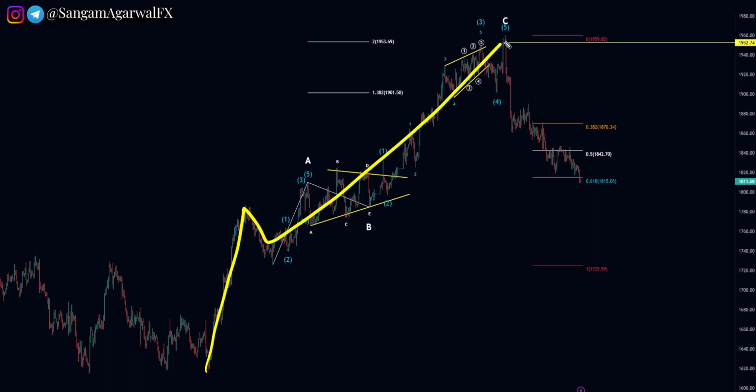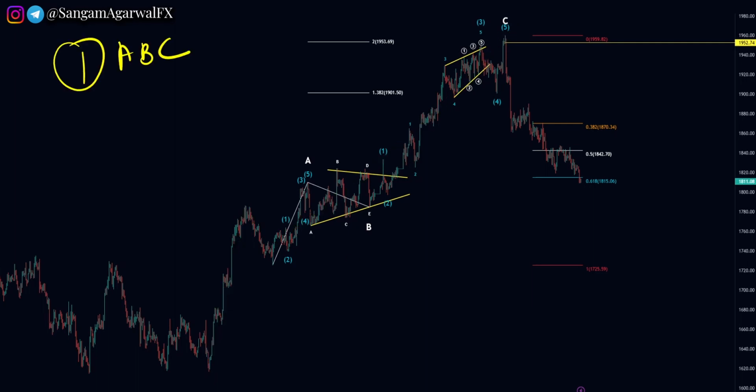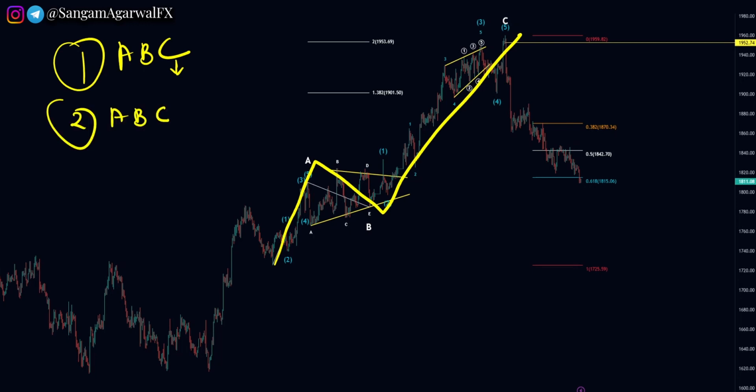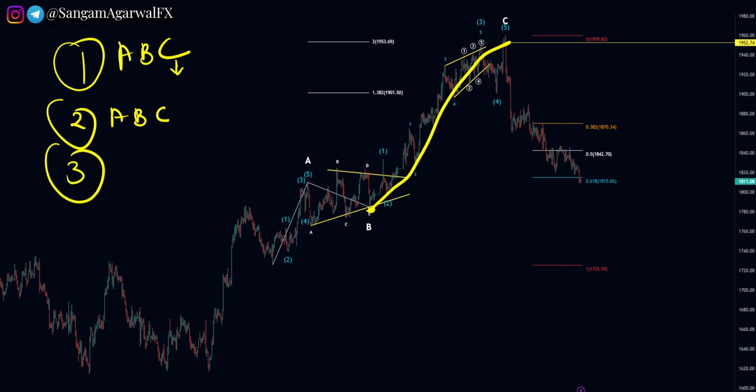This was your first extension, then this wave C was again extended into ABC, and that wave C of level 2 was again extended into 1, 3, 4, 5 impulsive wave.